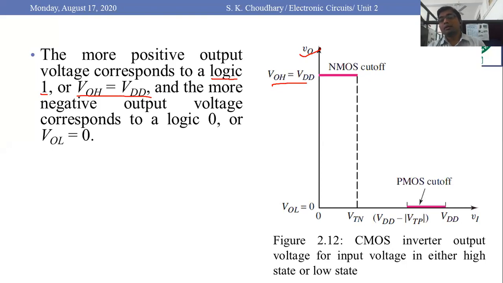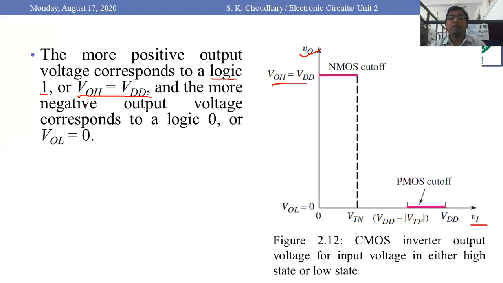The graph or characteristics plotted between the output voltage of the circuit configuration with respect to the input voltage applied to that particular configuration. So this kind of representation is called the voltage transfer curve. It is a study of transfer of voltage between the input and output terminal.